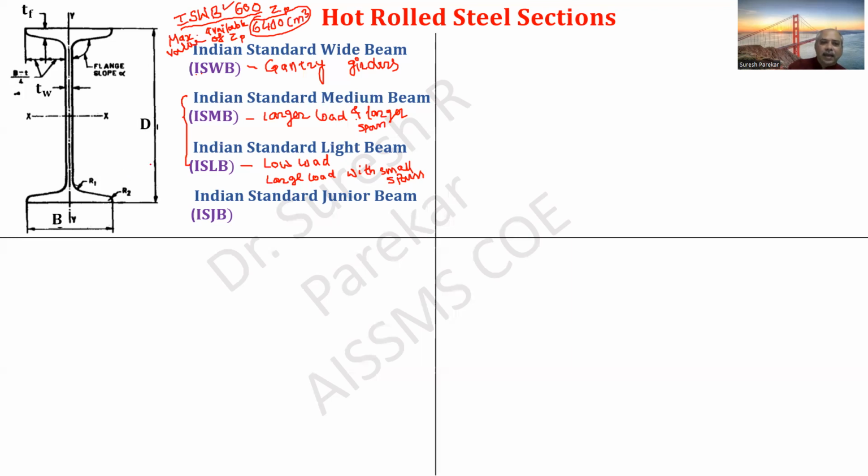So these are Indian Standard beams. Now we have the junior beam for light loads, we can say. ISHB we have not mentioned here, but ISHB we use for column sections only. Now why do we go for ISWB for gantry girders? Because it has a wide flange.